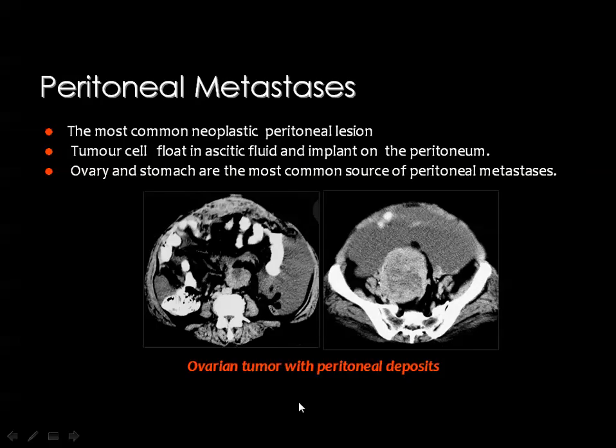Then peritoneal metastases are the most common neoplastic peritoneal lesions compared to the primary pathology, and the metastases usually affect the peritoneal surfaces as well as the greater omentum. In this case, you see an ovarian tumor, which is one of the common primaries to produce omental and peritoneal deposits.